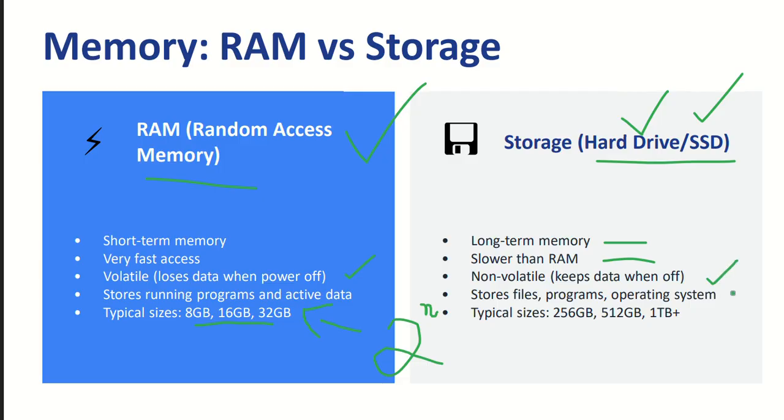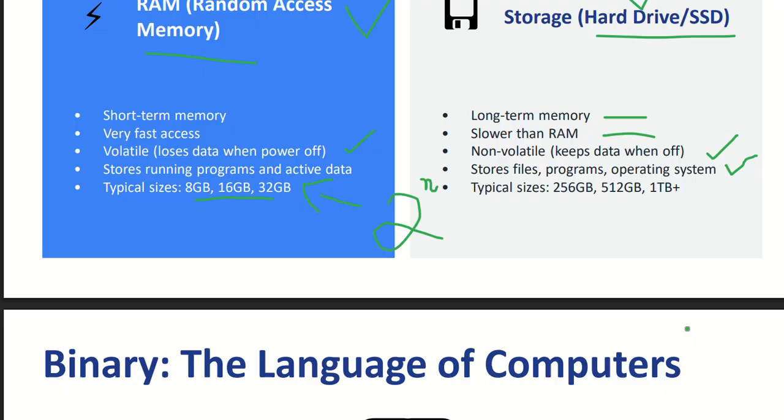You can keep the data in it when the computer is turned off. You can store programs, operating systems, and many more. There are also storage files in it. The typical sizes of storage are 256 GB, 512 GB, and you can extend it to 1 terabyte plus.